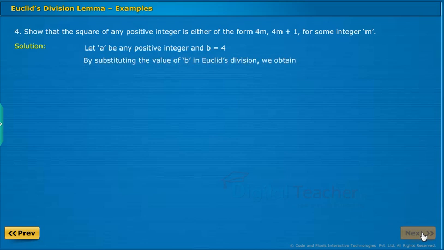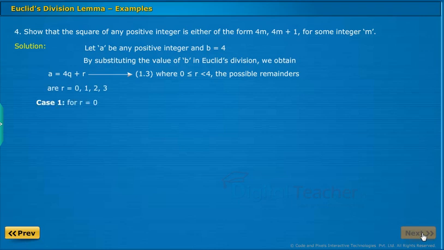By substituting the value of b in Euclid's division, we obtain a is equal to 4q plus r, where 0 is less than or equal to r less than 4. The possible remainders are r equal to 0, 1, 2, 3. Case 1, for r equal to 0. a is equal to 4q plus 0, that is a equal to 4q.